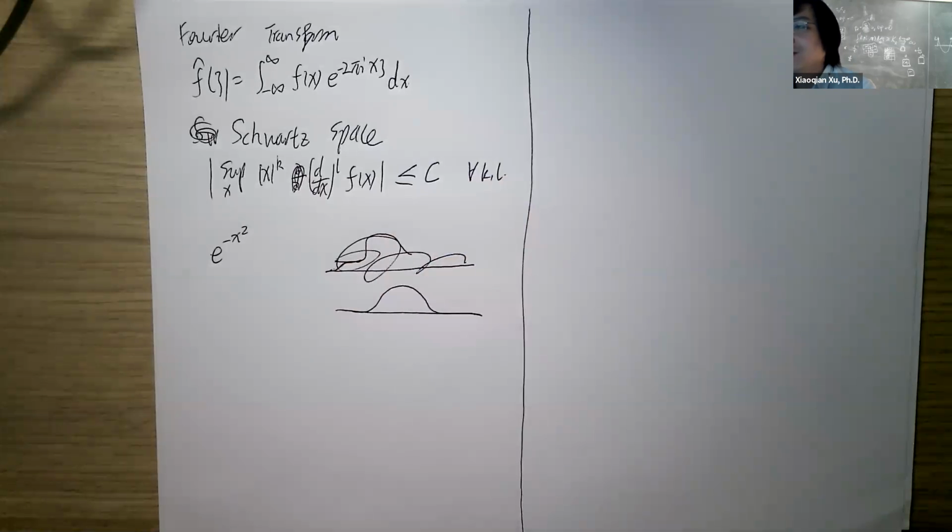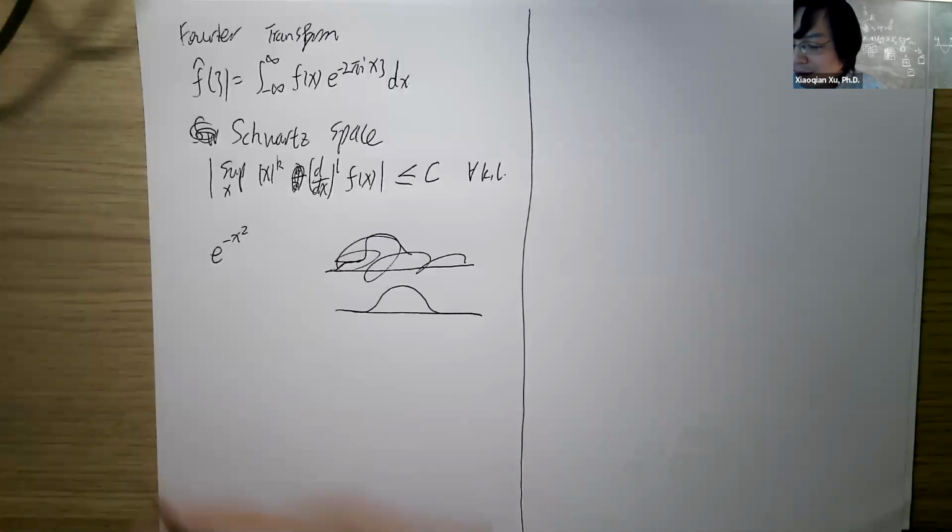You can find a lot of them, and these functions can help you in the future when you do analysis. You can try to do some kind of cutoff, which you will see in the future.